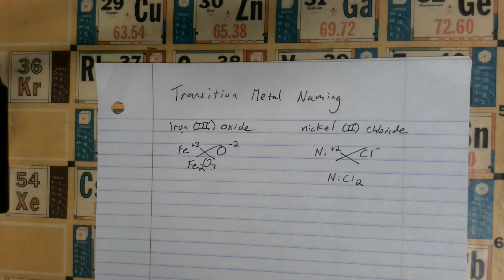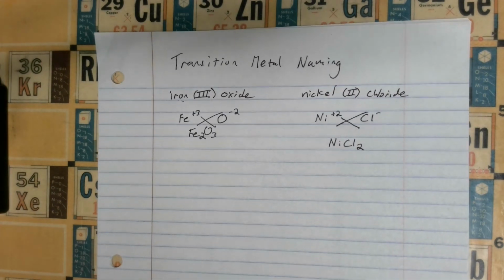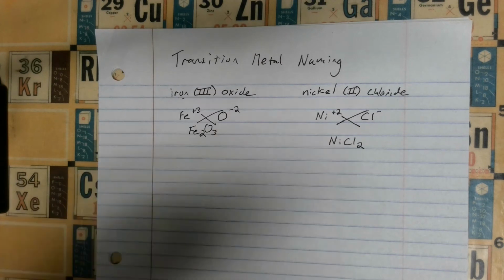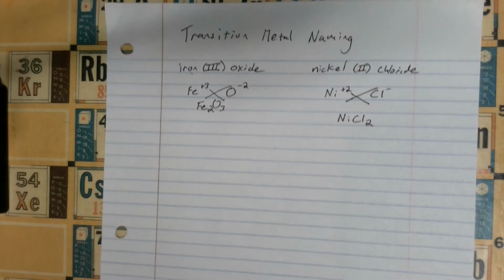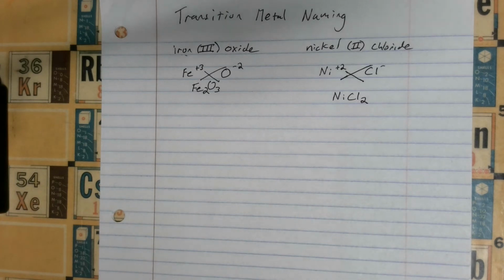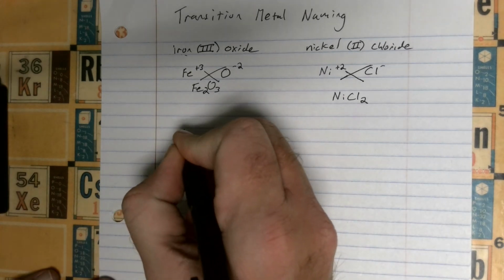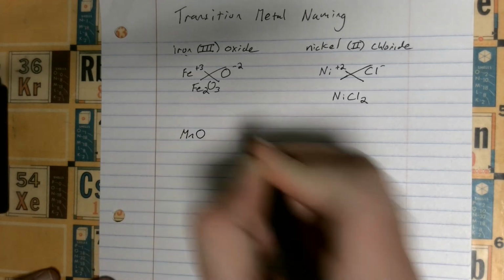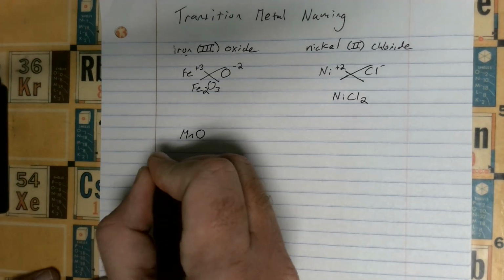Now, writing the names is a little bit harder on these because we need to figure out if it has a Roman numeral, and what the Roman numeral is. We're going to be able to figure out from the formula what the Roman numeral is. So let's say we have MnO. Well, I know that Mn is manganese.